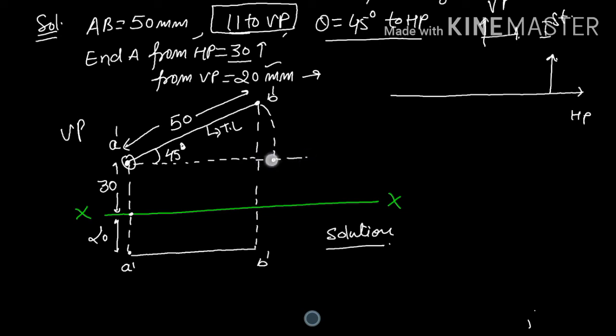From this point draw a straight line that joins A and B1. So A B1 is the true length. So I have marked A dash; this is actually A, this is B.